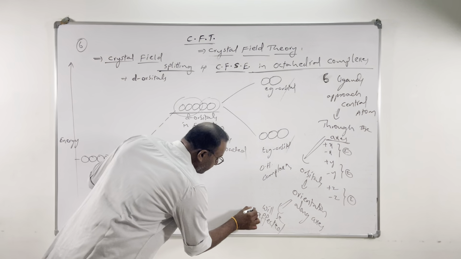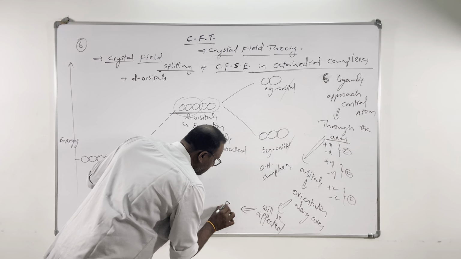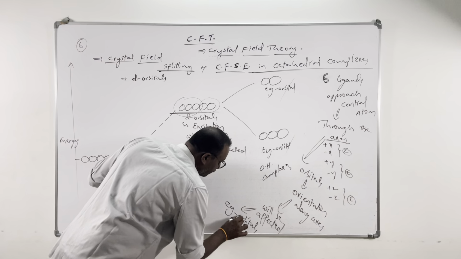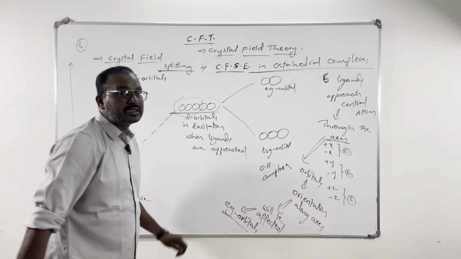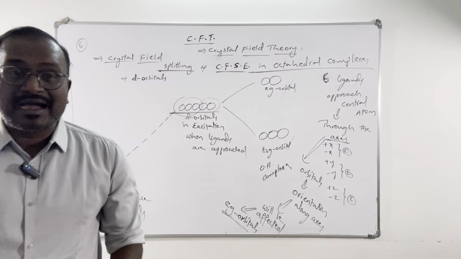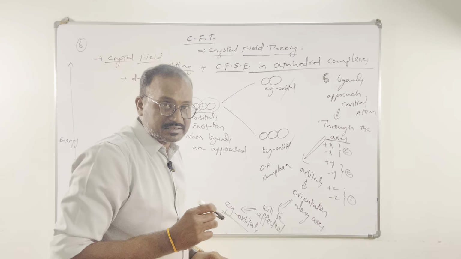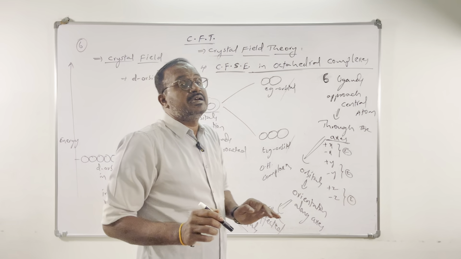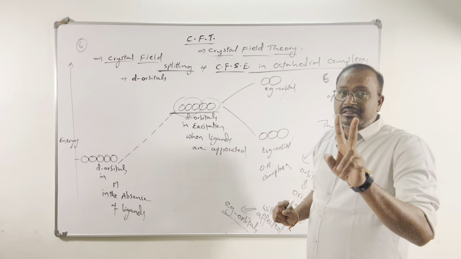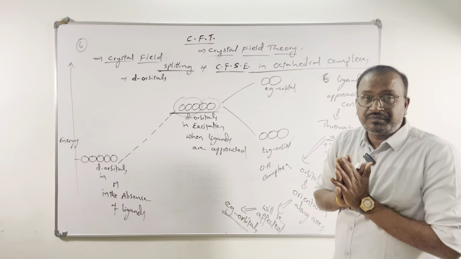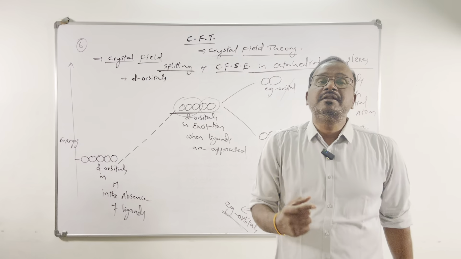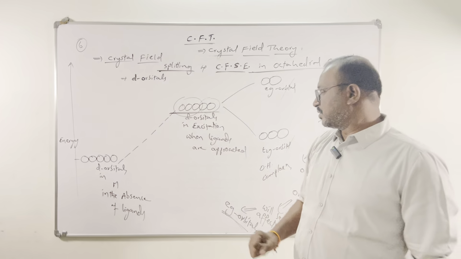Simply, we can say Eg orbitals will be affected more than T2g orbitals. Why? Because the Eg orbitals, dx square minus y square and dz square, have orientation along the axis. Therefore, they will be affected more.